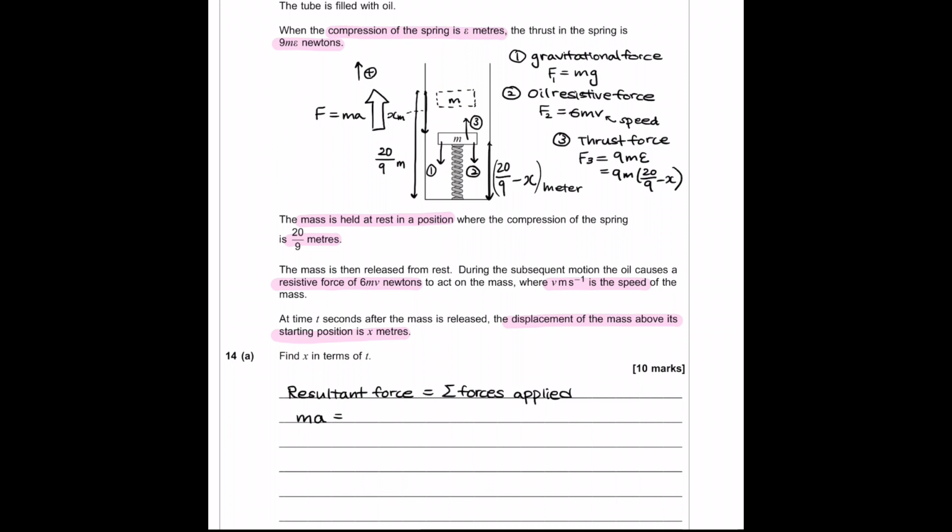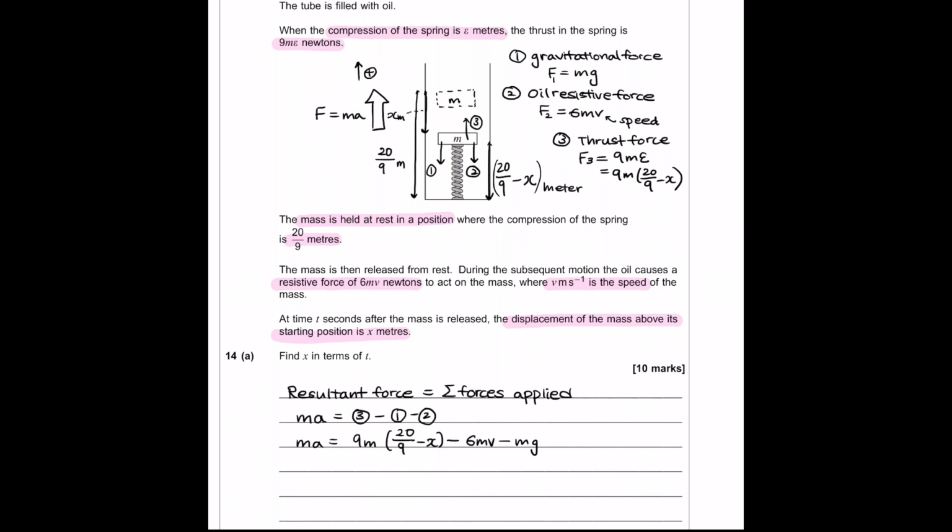The resultant force, which is our ma, should be equal to 3, because that's in the positive direction, subtracted by 1 and 2, because both are going in the opposite direction, down towards the bottom of the tube. If you put all three equations that we found together, it becomes this.